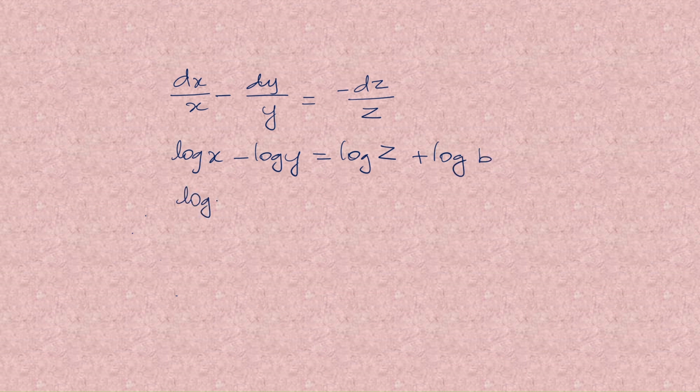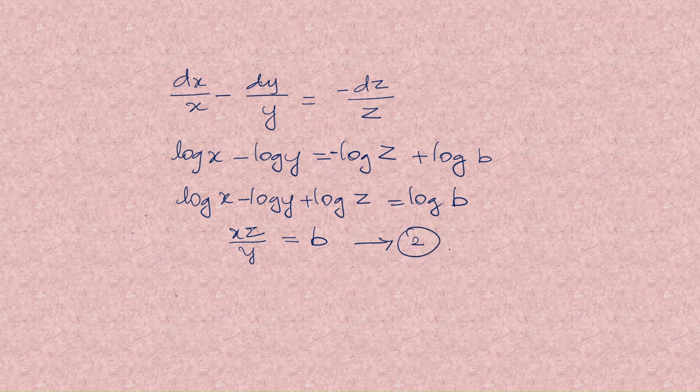Taking to one side, log x minus log y, this is minus actually, so here it becomes plus log z is equal to log b. So x z divided by y, because y is in minus log y, is equal to b. So this is the second solution.